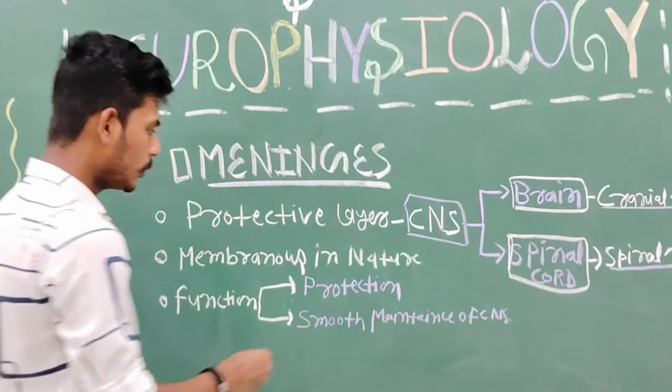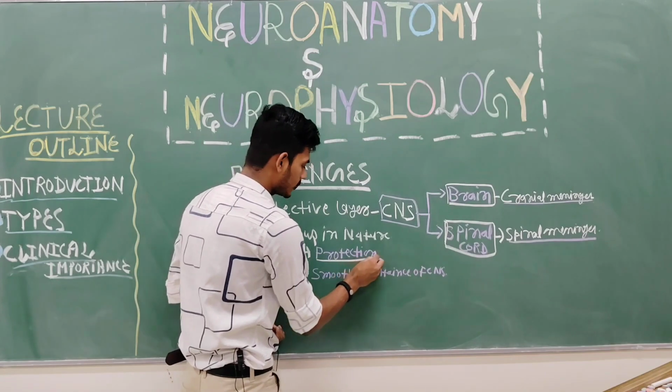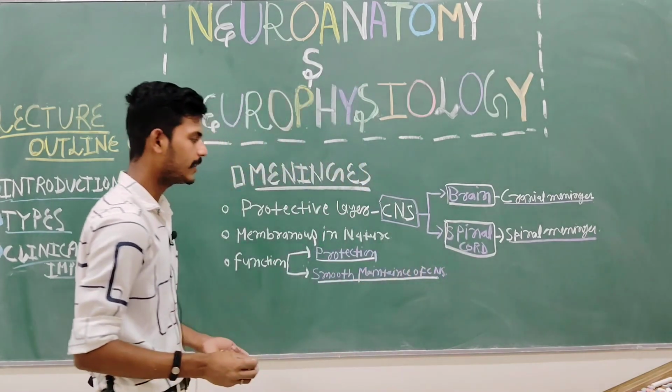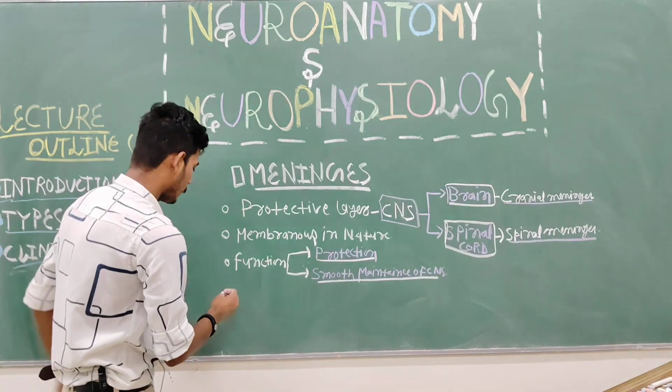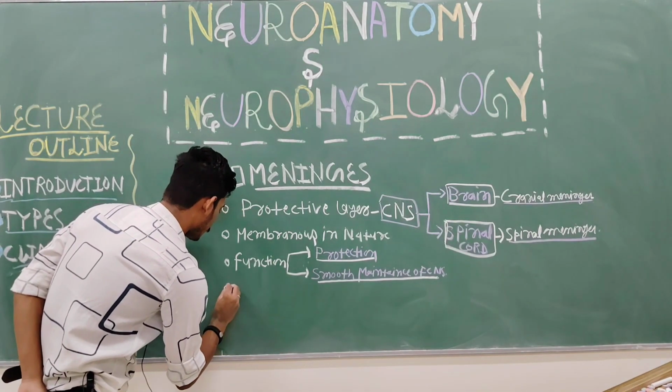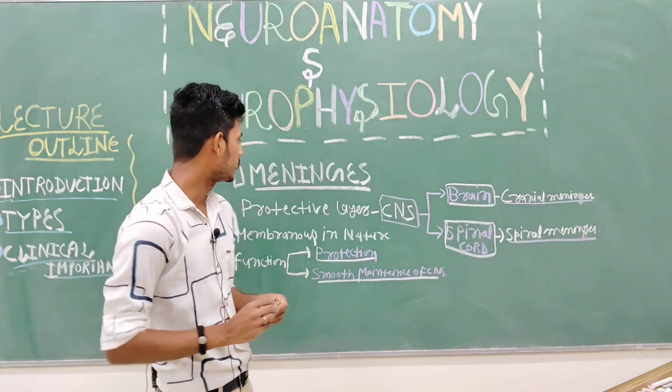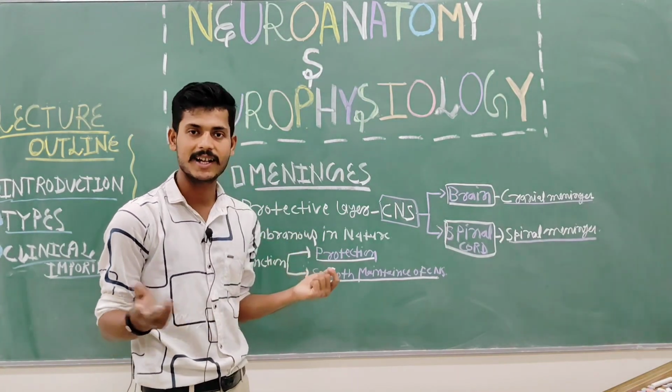So these are the two functions. First one is protection, another one is the smooth maintenance of the central nervous system. Now tell me about their embryology. Do you know where these meninges are derived from?